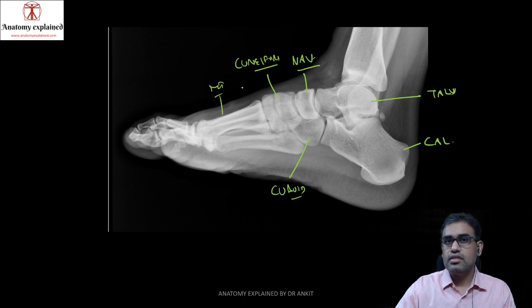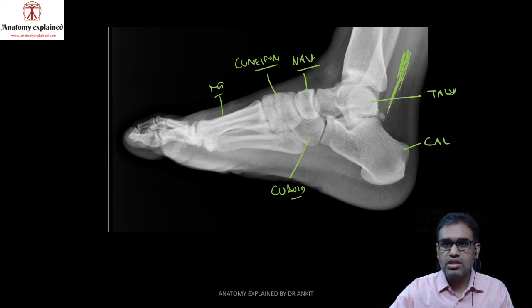Now if you look at the tendons, the one tendon which we said was the most important is the tendon of the flexor hallucis longus. Why? Because it is going medially. Flexor hallucis longus is a very big muscle in the posterior leg. It goes down, forms a tendon here, then turns around the ankle and goes just underneath the sustentaculum tali.